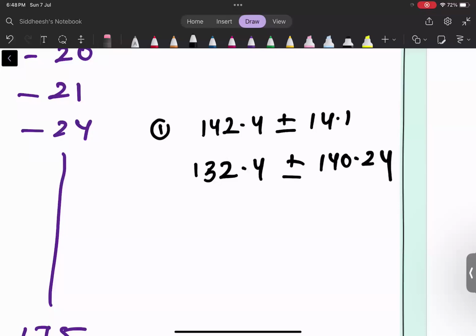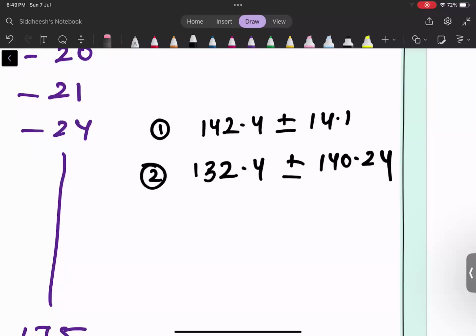I am giving you two options now. You tell me which is correct. Why not second? So Siddesh, second is not correct because then this is not a median or anything.